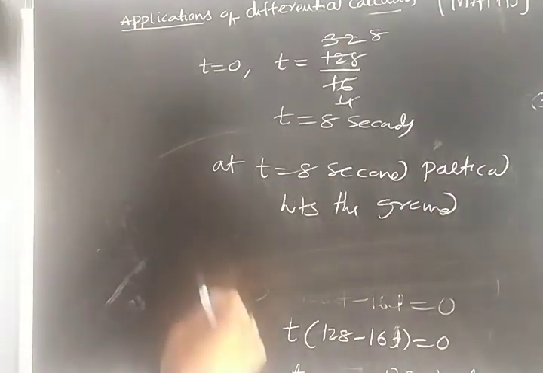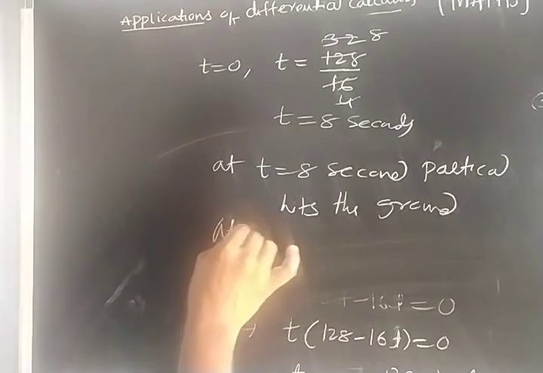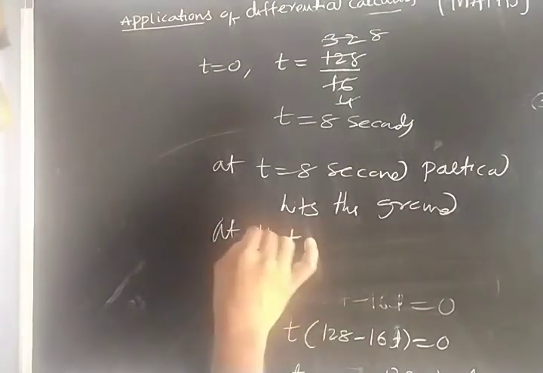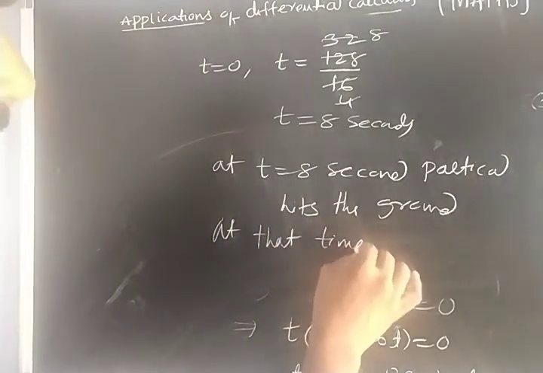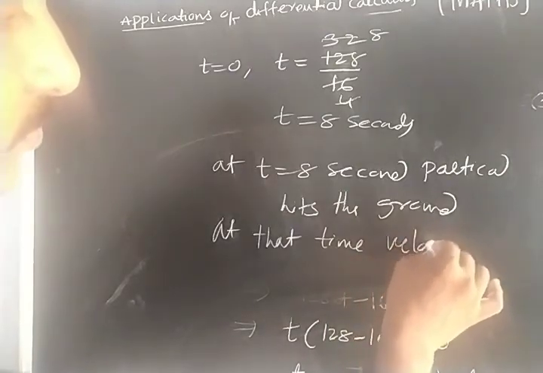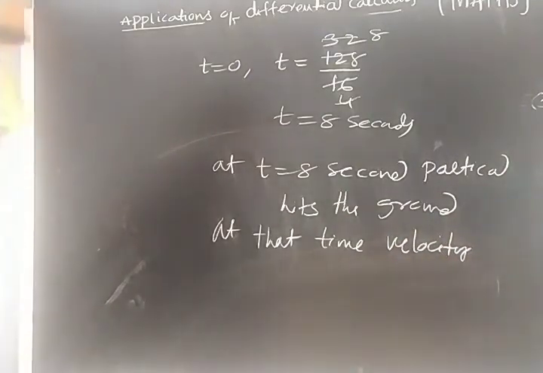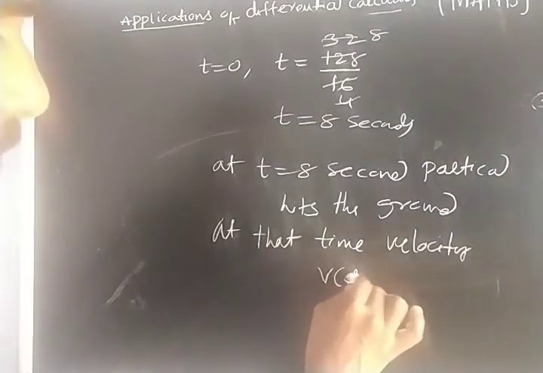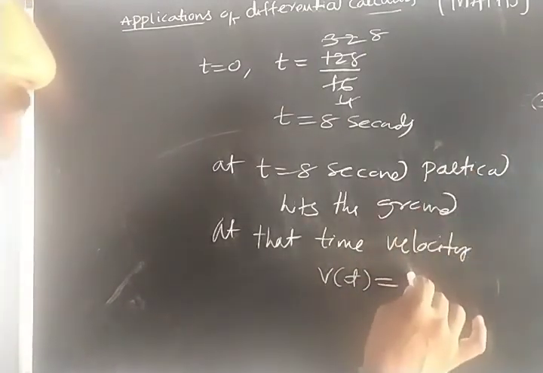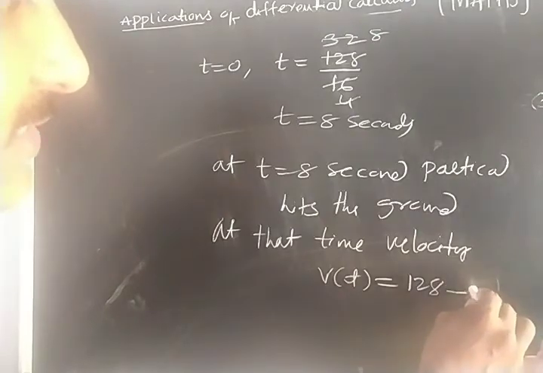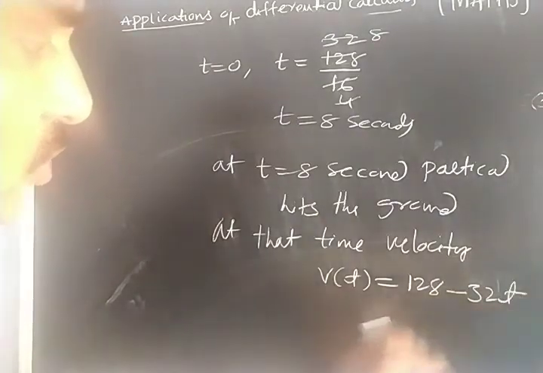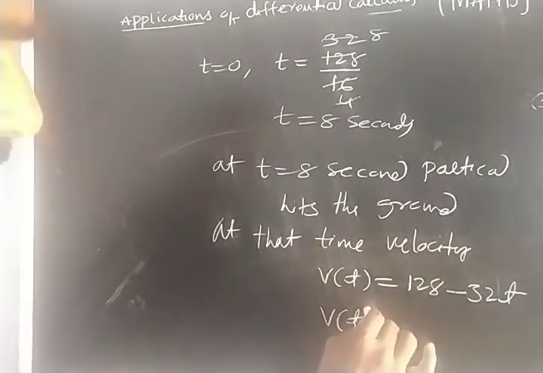So at that time the velocity v of t is the velocity function 128 minus 32t. So we have to substitute t here.